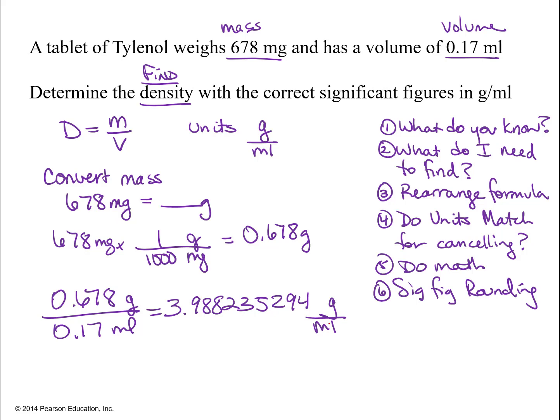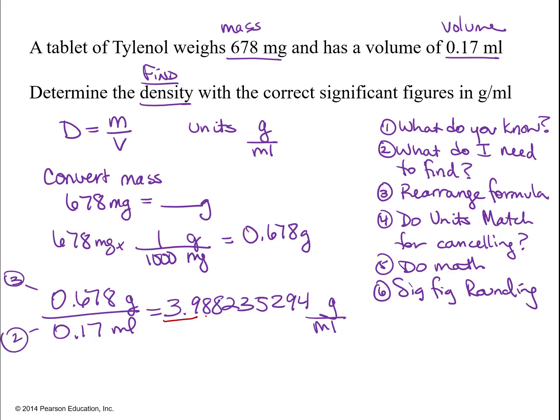I wouldn't use density because it's a reference number or a standard number. But those, a tablet weighs, so I know those are measured numbers. So 678 has 3. 0.17, 2. So that means I'm going to round to 2. If I look back here, starting from the left, just like before, starting from the biggest significant figures, the 3.9, so all that other stuff, what happens?